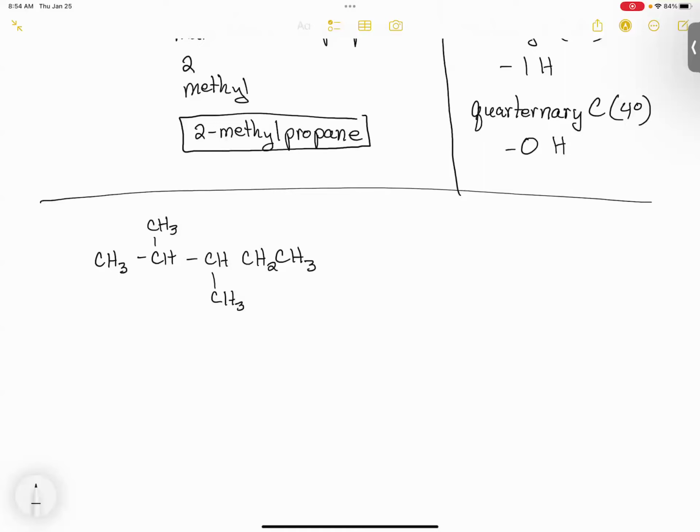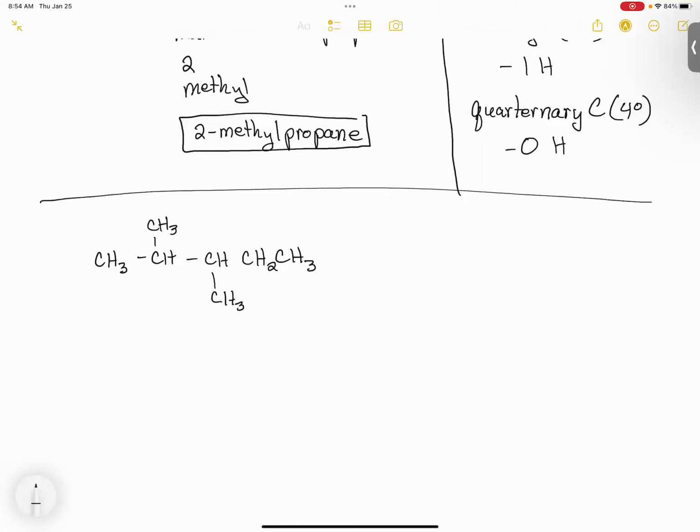So the first thing I want you to do is attempt to name it. I will say that because there are 2 substituents and they are the same substituent, we use prefixes. And the prefixes that we use, if there are 2, it's di. And if there are 3, it's tri.